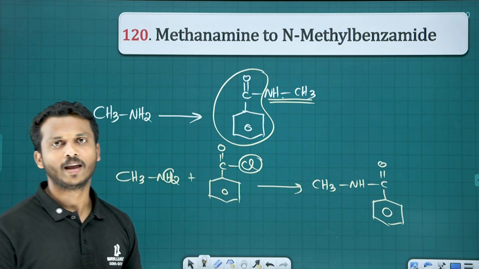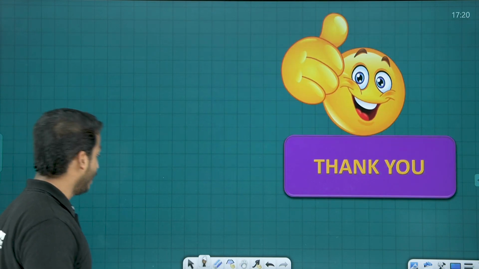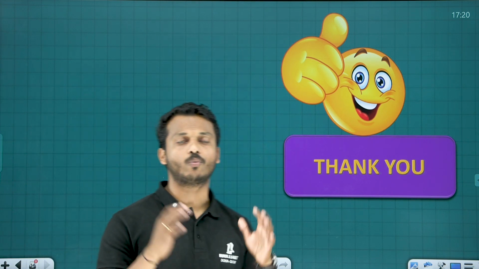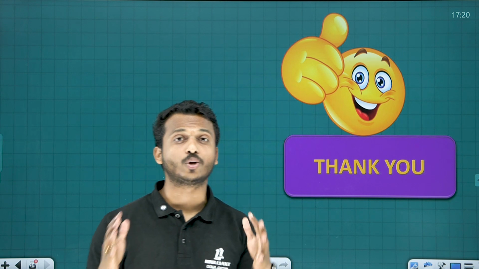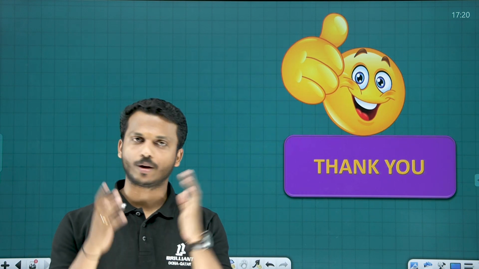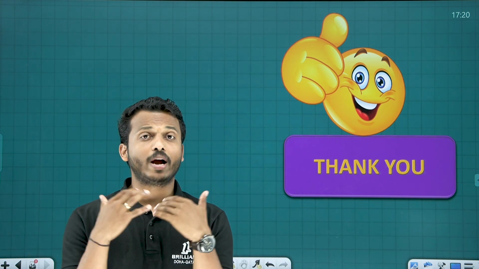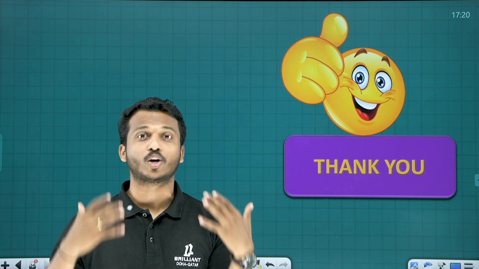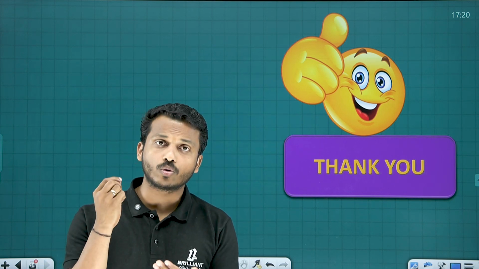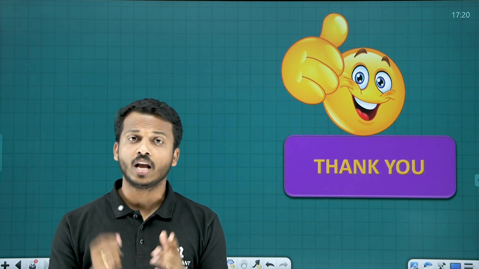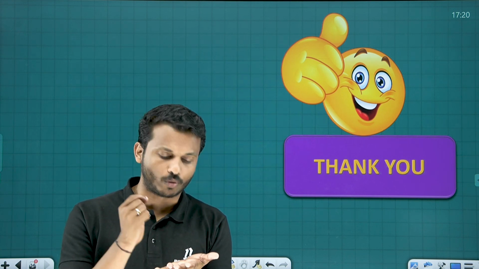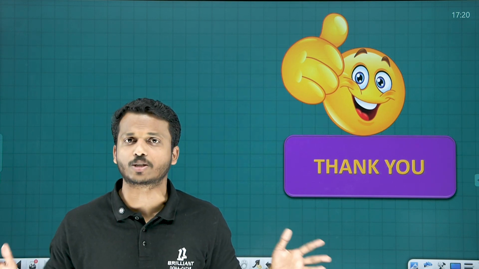So all of you, this is our chapter on amines. We are winding up our session for the series of discussion of 120 conversion questions. Hope it will be helpful. But just by watching, you will not be able to memorize it. First you have to revise the entire chapter's reactions once. Then each question, I think almost all reactions have passed through this series, except a reasoning question.